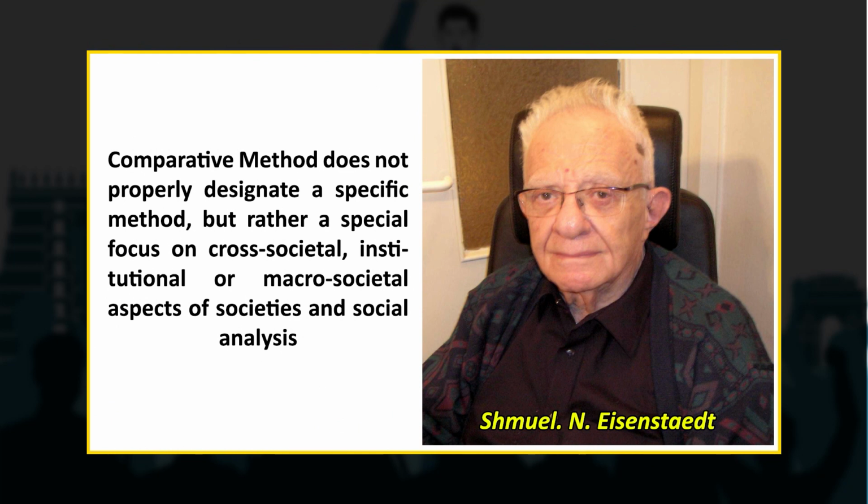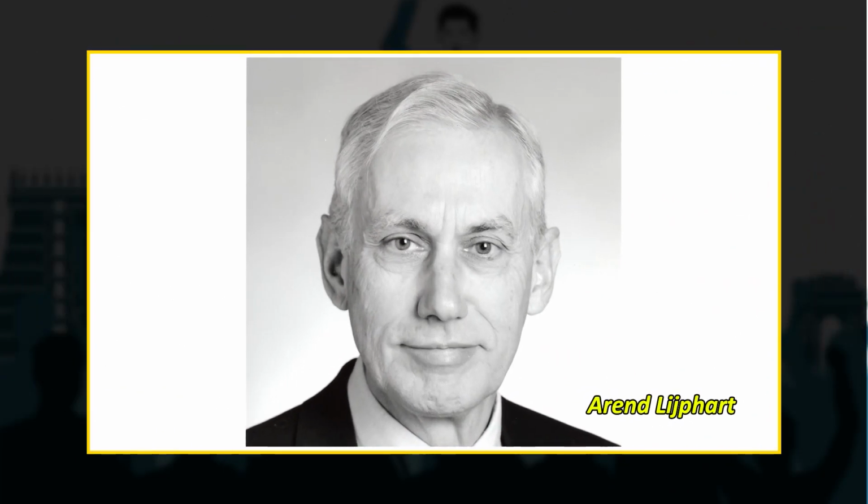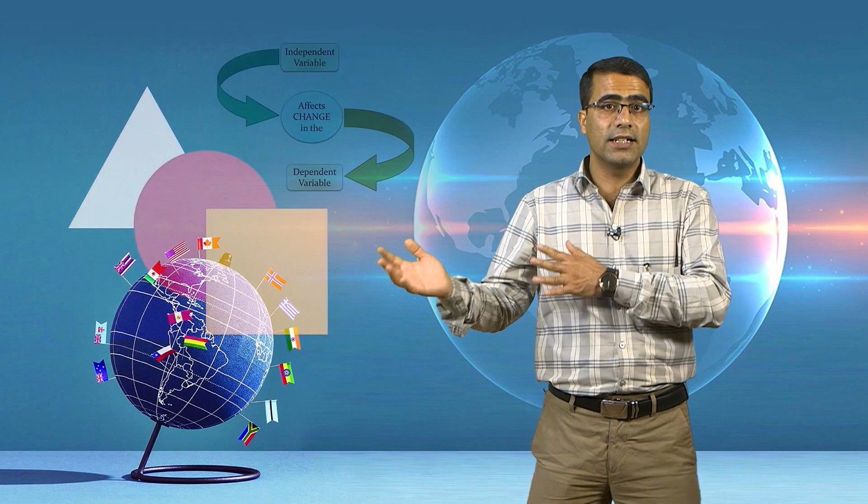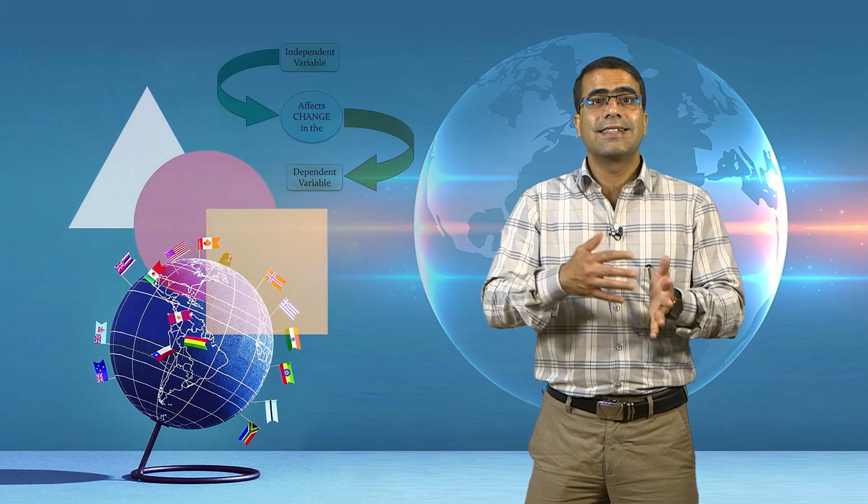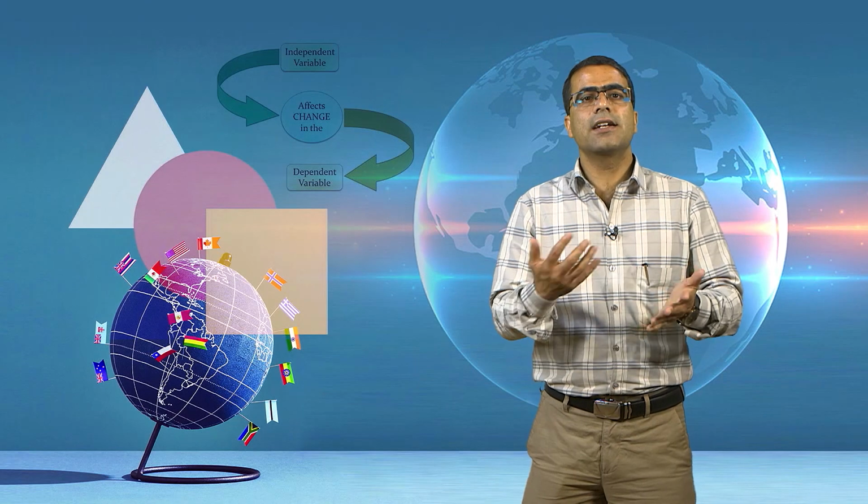While some of them, like Samuel and Eisenstein, argued that the term does not properly designate a specific method, but rather a special focus on cross-societal, institutional, or macro-societal aspects of societies and social analysis, others, like Arndt Lijphart, hold that it can be defined as one of the basic methods, the others being experimental, statistical, and case study methods of establishing general propositions.